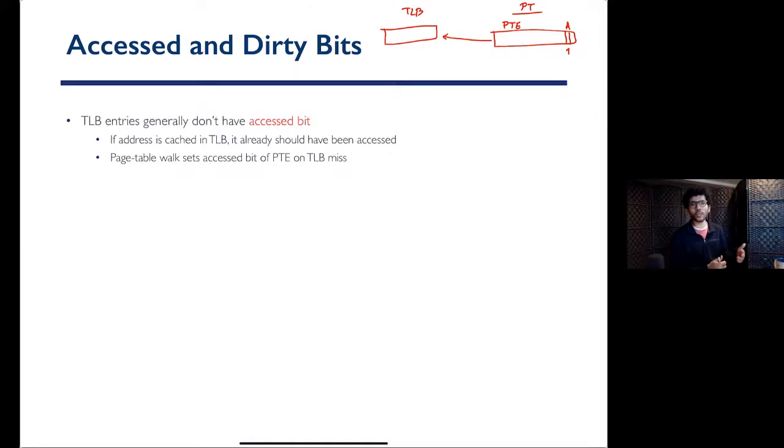The answer is no. There's no need for that, because the first time I need this translation, when it's not in my TLB, I come and do a page walk. At that point, I can set this bit to 1. And if I have it in my TLB, this means that I've already looked in my page table and the access bit is already set to 1. So there is no point in setting this back to 1 in the TLB as well.